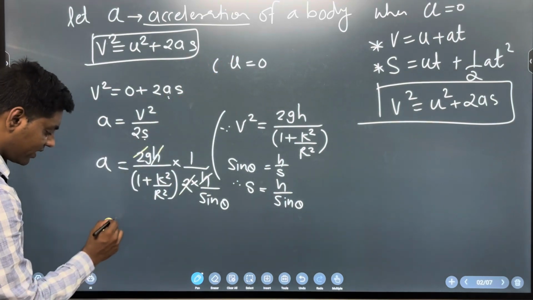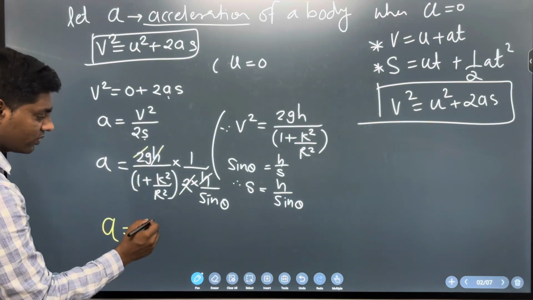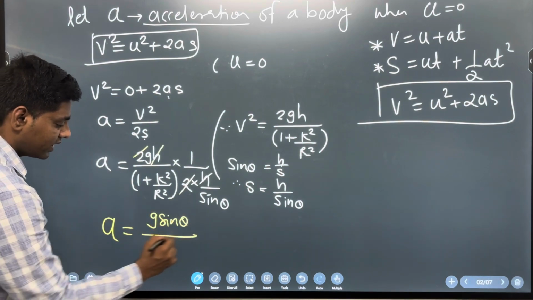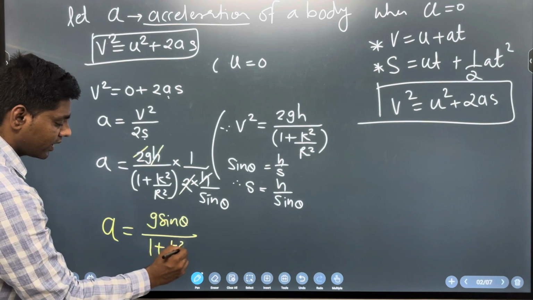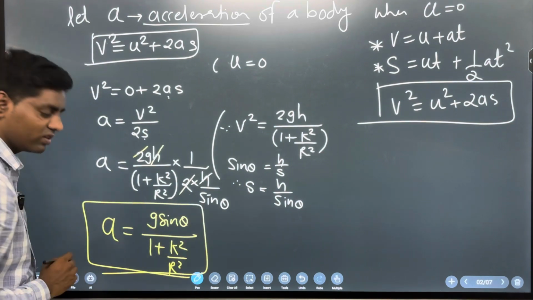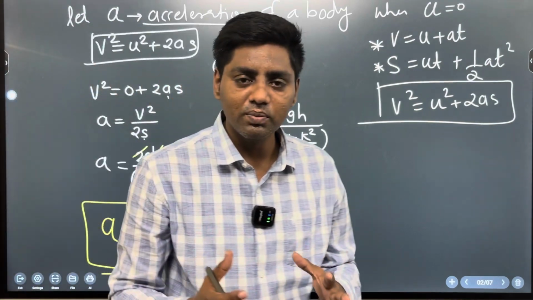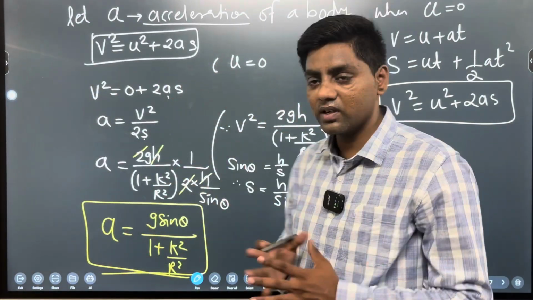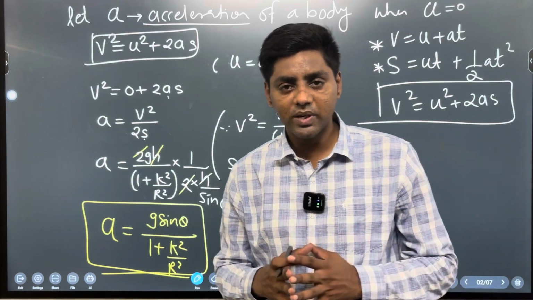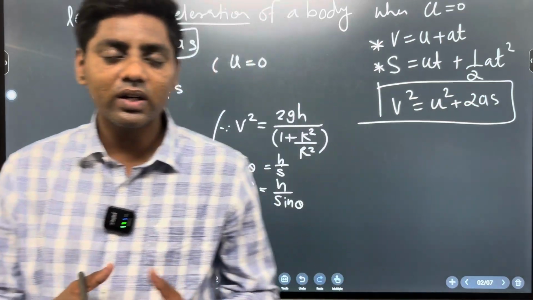So what do we get as the final answer? Acceleration is equal to g sin theta divided by (1 plus k square divided by r square). Remember, this is the most important formula. Very easy, very simple. So we have calculated the acceleration of the body whenever it rolls over an inclined surface. Quickly write this down.